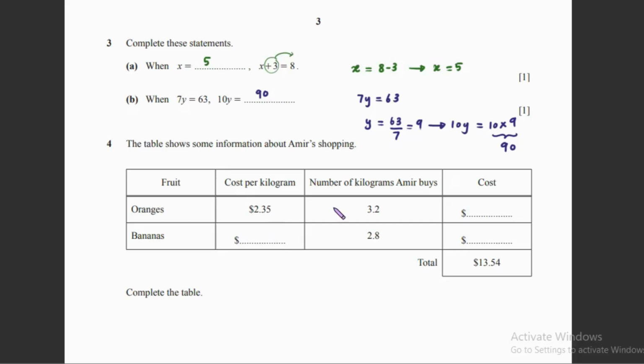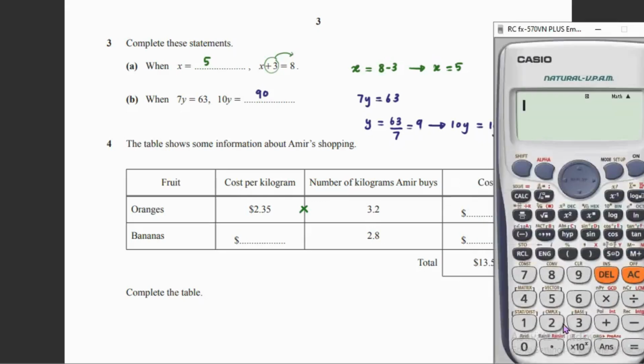Now in this case, to find the cost of oranges, the cost of 1 kilogram of orange is given to us as $2.35, and the number of kilograms Amir bought is 3.2 kilograms. So for me to find the cost here, I need to times these two together. So I'm going to multiply 2.35 with 3.2.